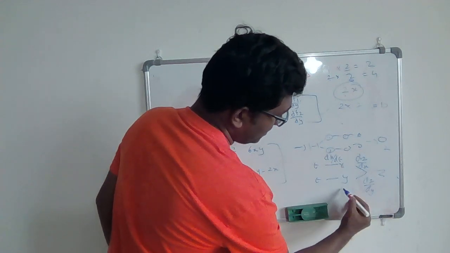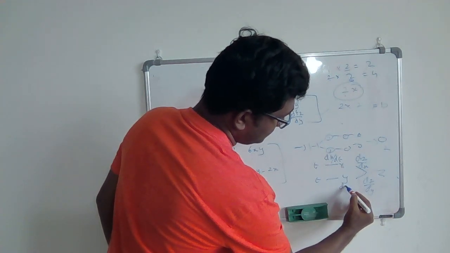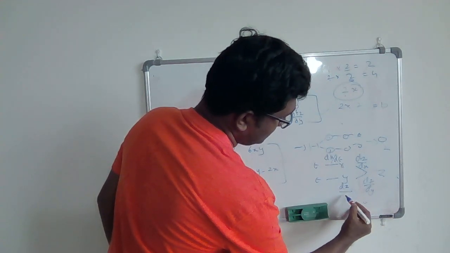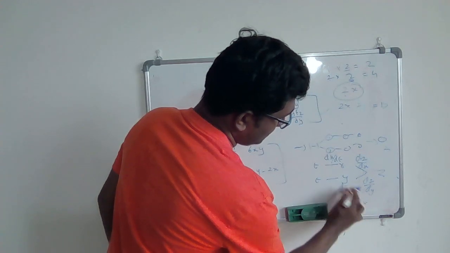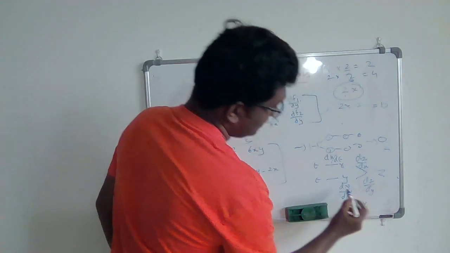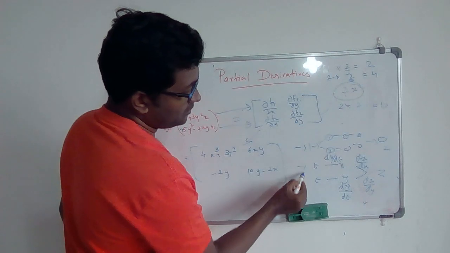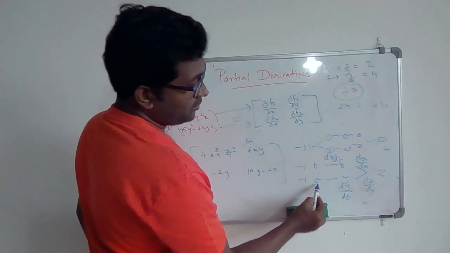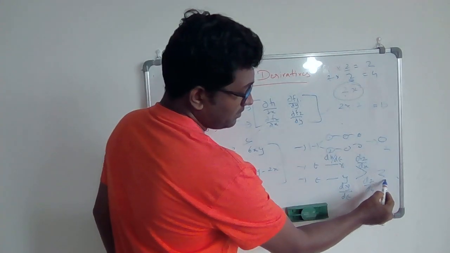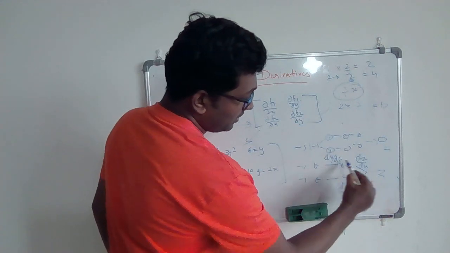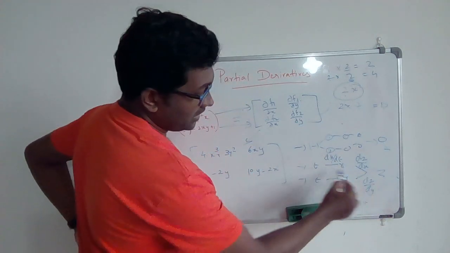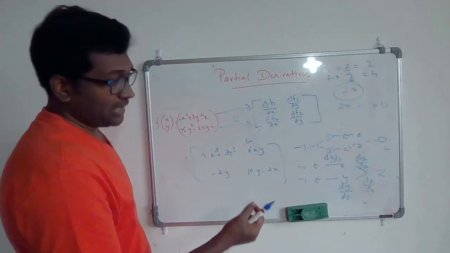Similarly, this becomes dz, dy divided by dt. These are the inputs, and if you make a small change in input, I want to find the corresponding impact on the output, so I multiply all the partial derivatives to get the impact of the change.